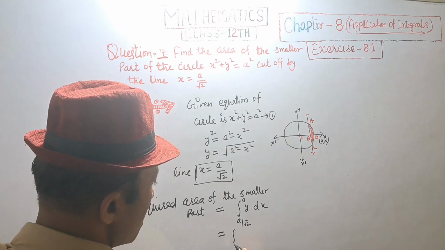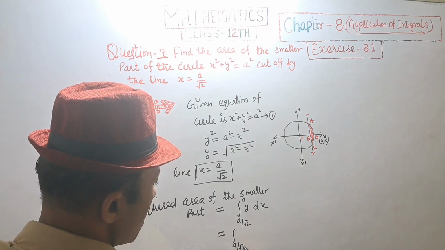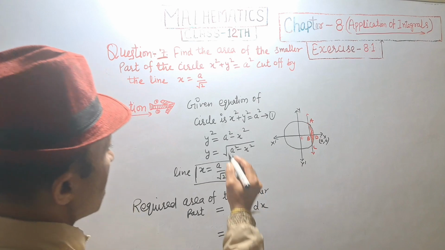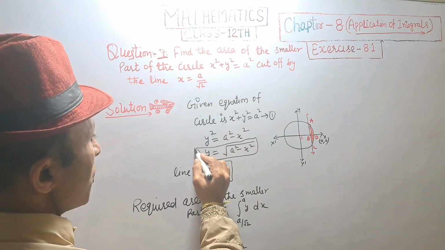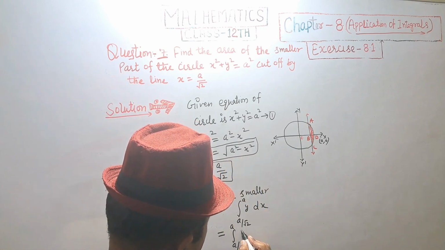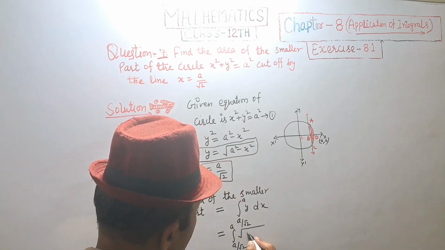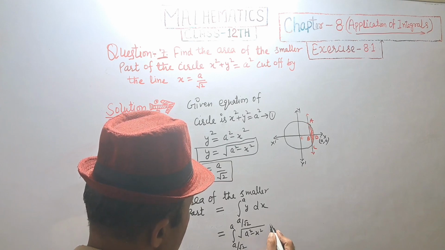Value of y we get is y is equal to root a square minus x square, so root a square minus x square dx.